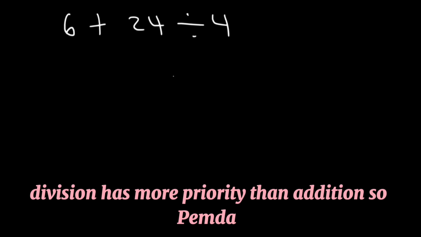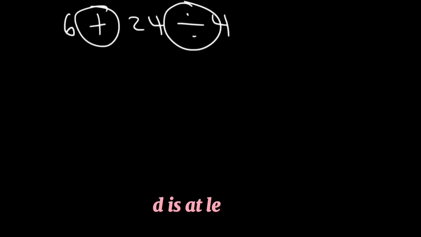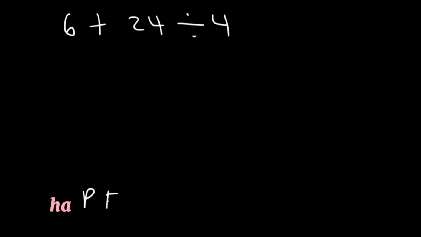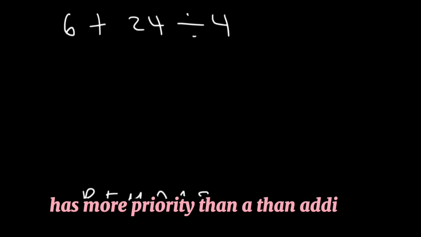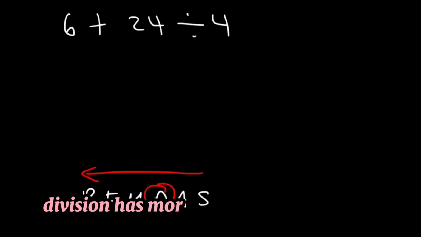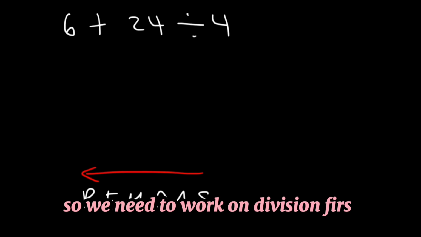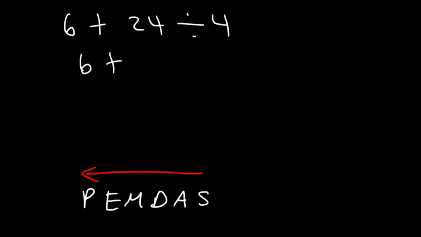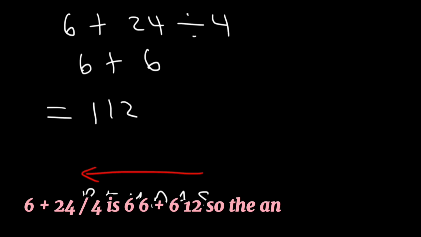So in PEDMAS, D is to the left of A and has more priority than addition. So we need to work on division first. 24 divided by 4 is 6. 6 plus 6, 12. So the answer is 12.